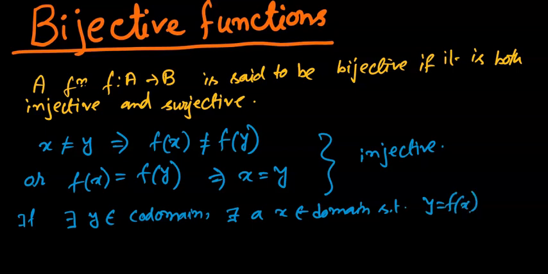This means for each element in the codomain, we should have a preimage in the domain. So for each element in the codomain, there is an element in the domain that maps to it. Then it is called surjective. When these two conditions are satisfied, the function is called bijective.